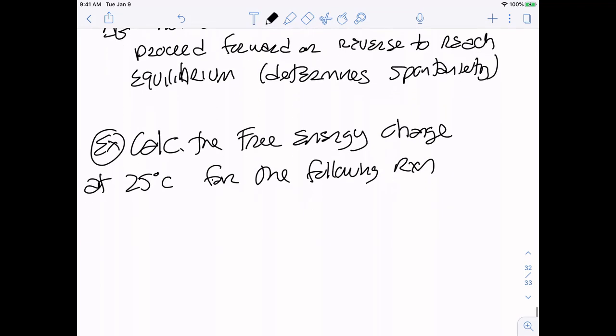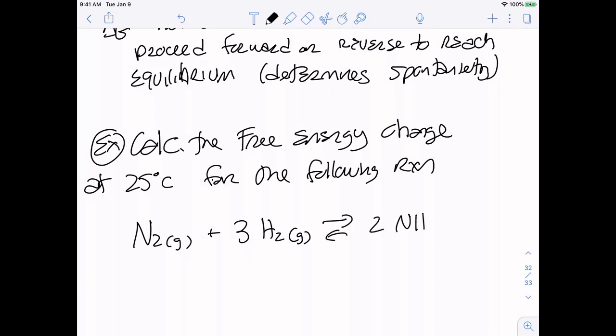I'm going to have nitrogen, which is a gas, reacting with 3 hydrogen gases, and I'm producing 2 ammonia, also in the gas state.